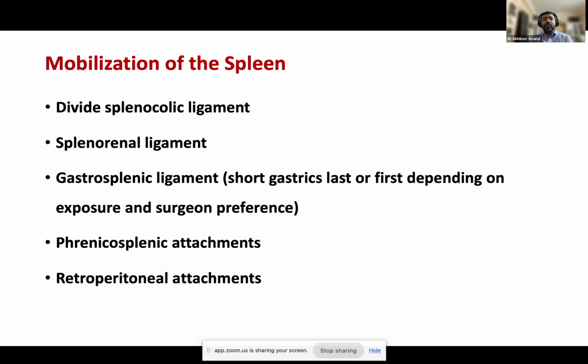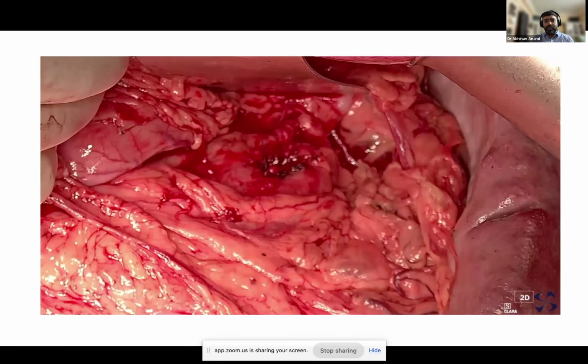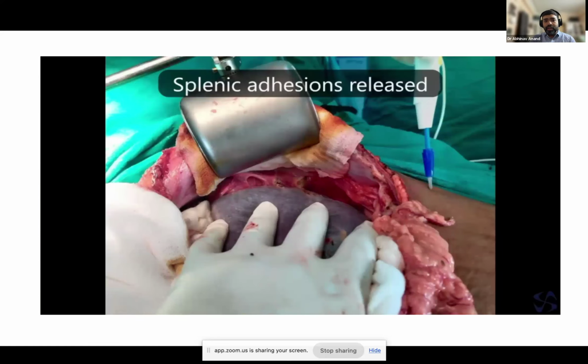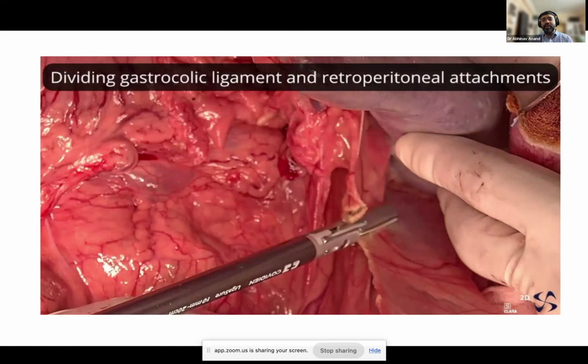Now we progress to the mobilization of the spleen. So we divide the splenocolic ligament, the splenorenal ligament, gastrosplenic. Some surgeons try to divide them before going to the splenic mobilization, some do after. It all depends on their preference and their practice. And then the phrenicocolic attachment and the retroperitoneal. So here we can see the splenic adhesions have been released.